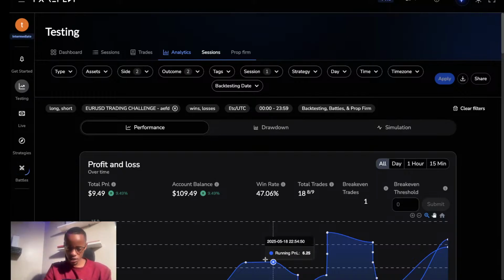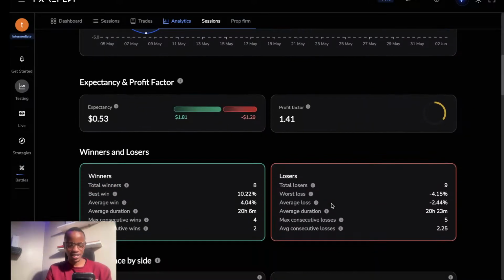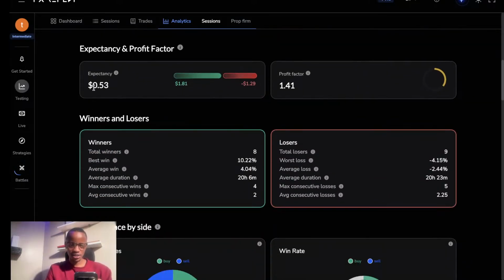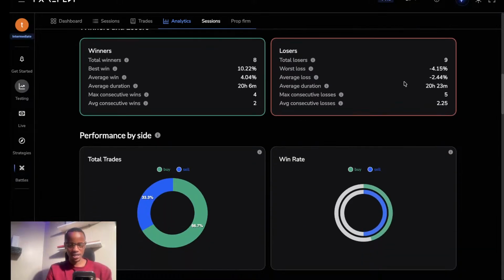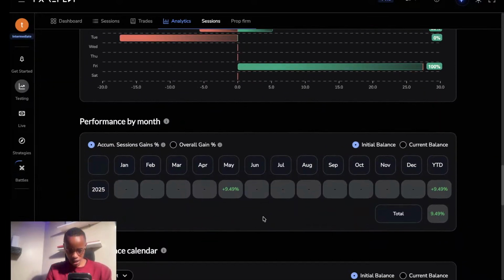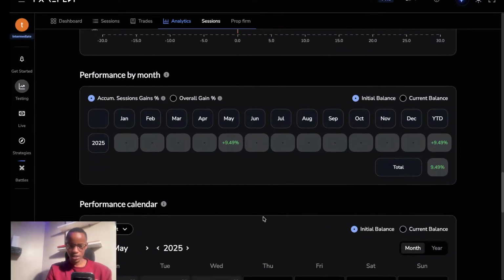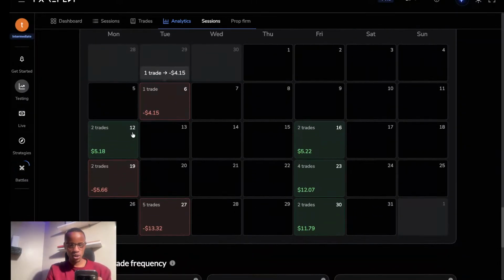Win rate 47. The win rate has decreased from 60 to 47. We have a total of 18 trades. Let me see the trading days. So profit expectancy still low, but not bad. Winners 8, losers 9. That's the 47% win rate. But the month is still up 9.49%. We're still trading May. May has been hectic. You can see the trading days 1, 2, 3, 4, 5, 6, 7 trading days.